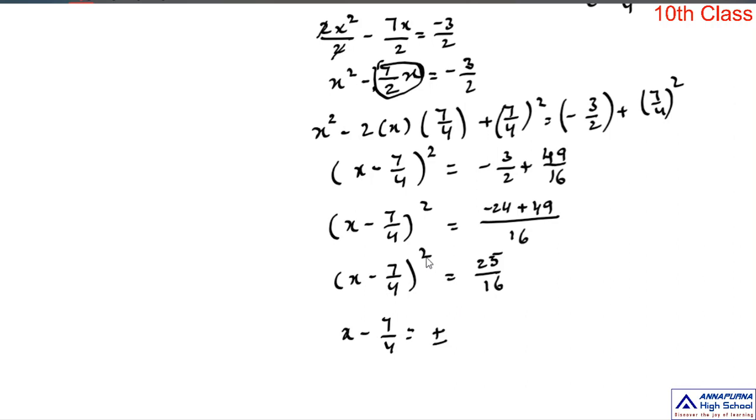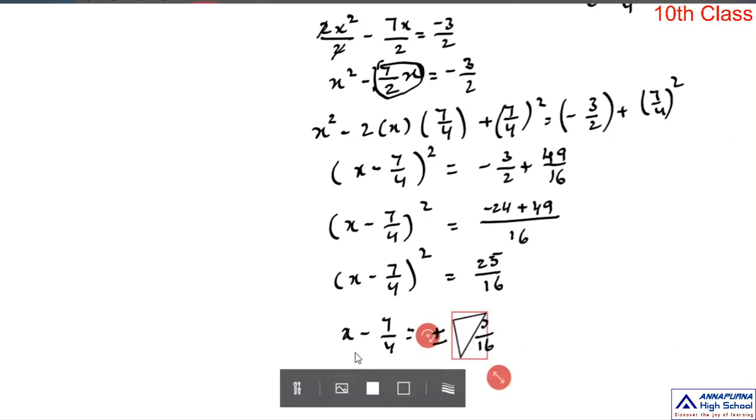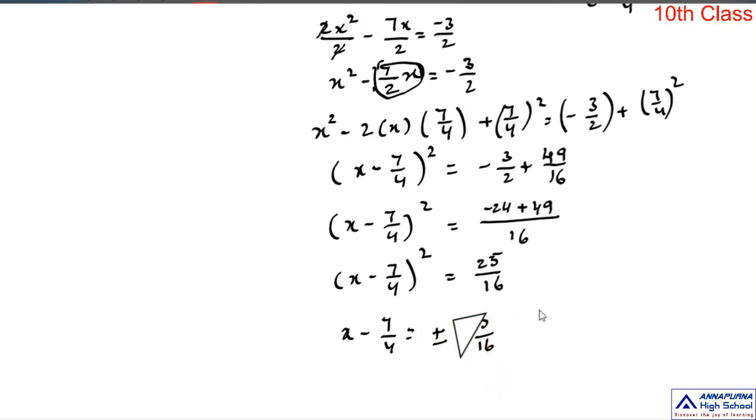Why? Because every real number has two square root values. Okay, so the square is transposed to the right side. Now it changes to root 25 by 16. That means x minus 7 by 4 is equal to plus or minus root 25 by 16. So you must place that plus or minus, because here we are finding the square root of a real number.